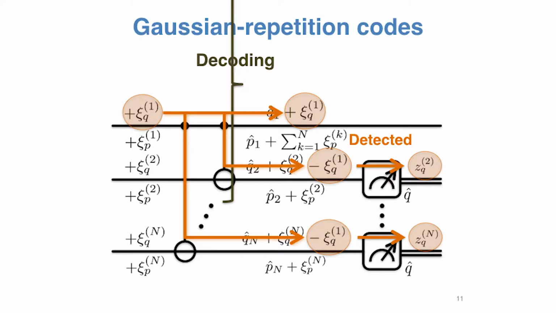So we invert the encoding circuit, and then we see if we get the desired zero state here. And if it's not, based on that, we can learn what kind of error happened, and we can correct the error. So that was the premise. And let's see how errors are propagating. So here in this particular example, I'm trying to keep track of the position quadrature noise, which is represented in the top part of this line.